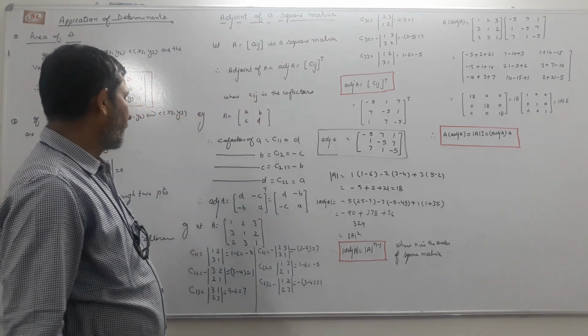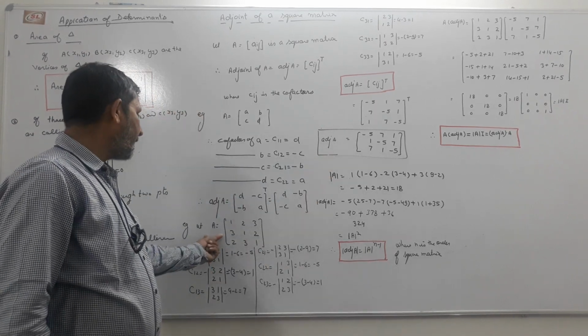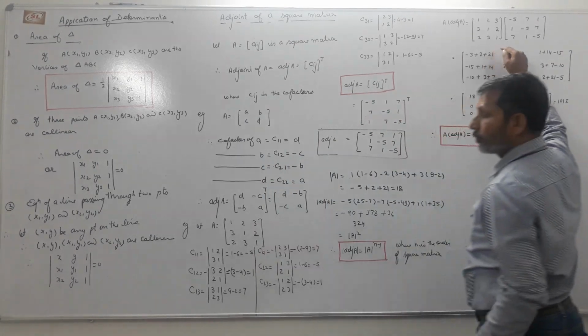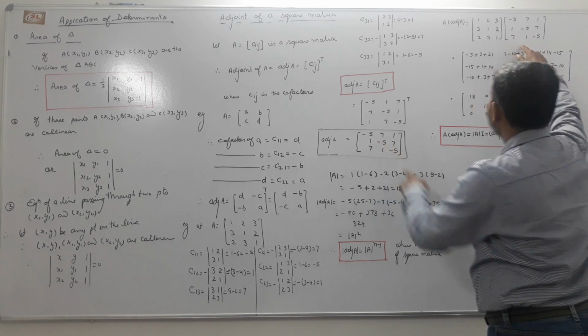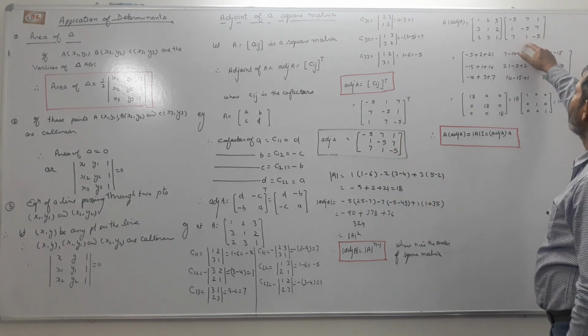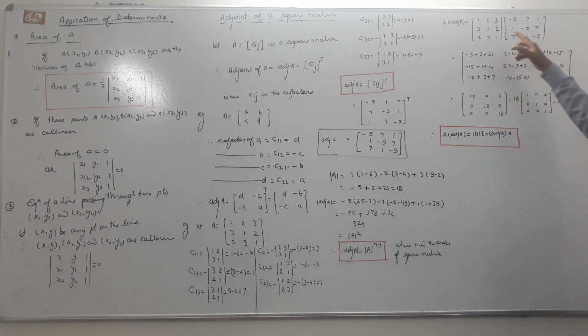Second relation: a matrix multiplied by its adjoint. Matrix A multiplied by its adjoint. Matrix A is 1, 2, 3, 3, 1, 2, 2, 3, 1 and its adjoint is minus 5, 7, 1, 1, minus 5, 7 and 7, 1, minus 5. Now we multiply these two matrices.